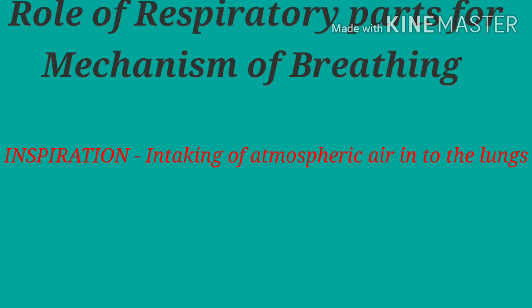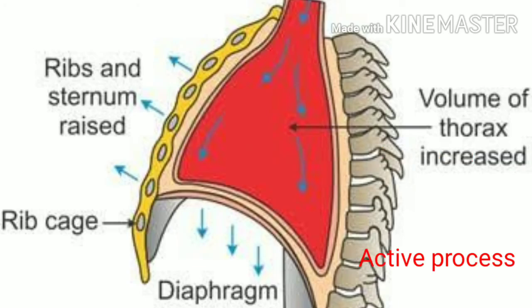Next, inspiration. Taking of atmospheric air into the lungs is called inspiration. Inspiration is an active process. Why? Because we need some energy for contraction of the muscular diaphragm and the muscles called external intercostal muscles.